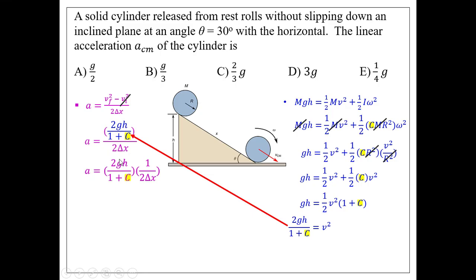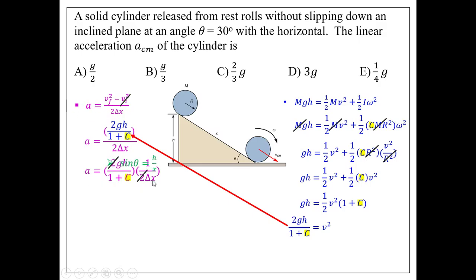You divide by a fraction, so you just multiply by the reciprocal, which is 1 over 2 delta X. Hopefully you have your basic algebra skills on here. The 2 on top is going to cancel out, and then if you think about it, this is just GH times 1, which is just GH. And then on the bottom here, you have 1 plus C in parentheses times delta X.